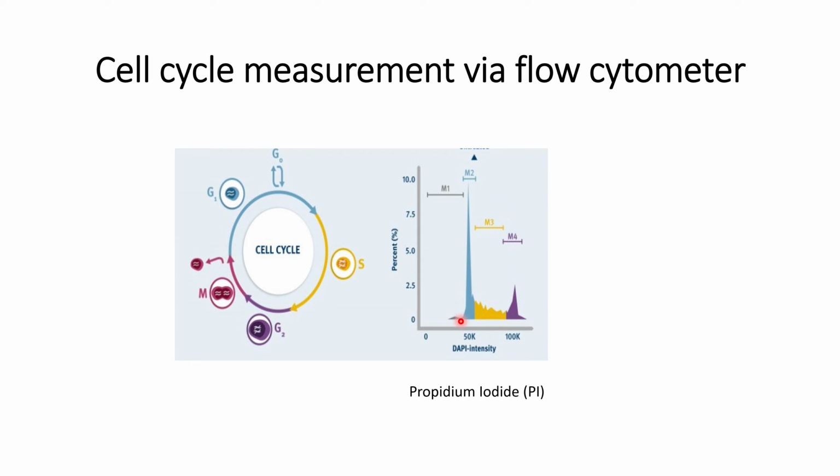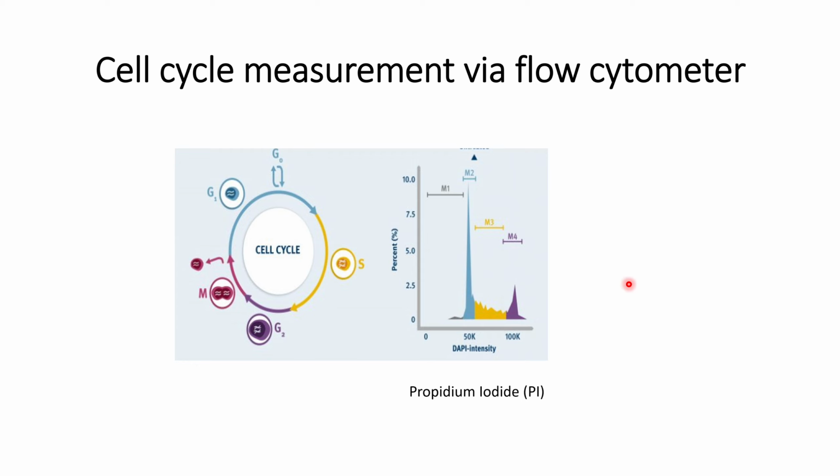This M1 phase might relate to some of the cells that are dead, because dead cells have a very low amount of DNA, as DNA degrades with time. The maximum number of cells are in G1 phase, some cells are in S phase, and some cells are in G2 phase.